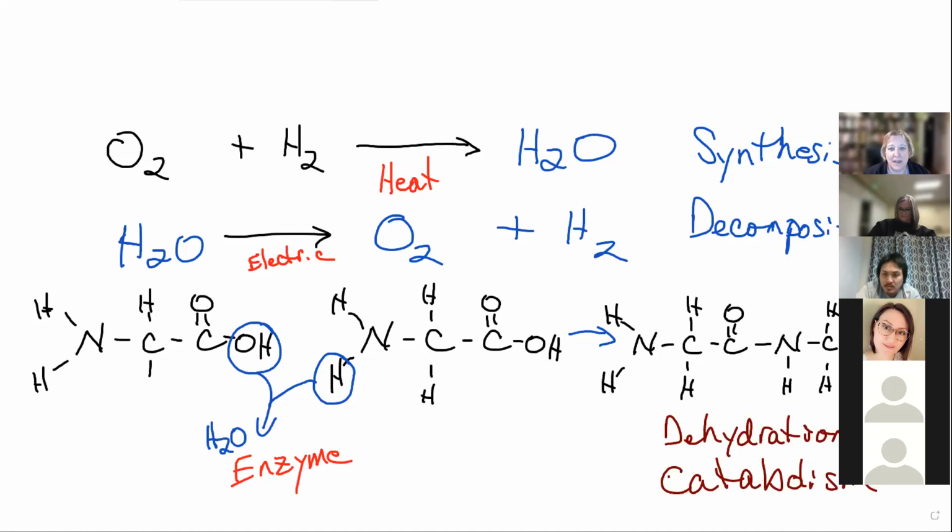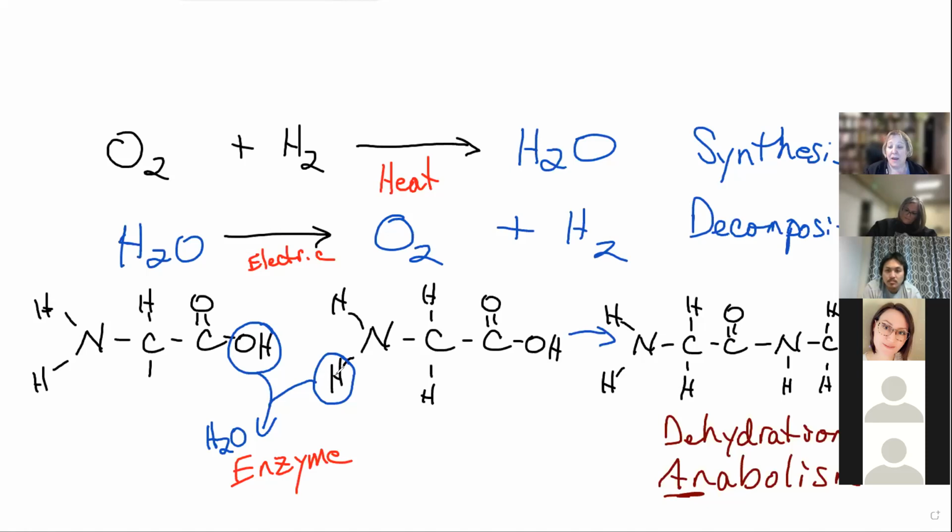Getting my terms backwards again, my apologies. This is anabolism, and it kind of sounds like add. So I'm taking 2 smaller units and adding them together to make a bigger one. And we do it by removing the equivalent of water.